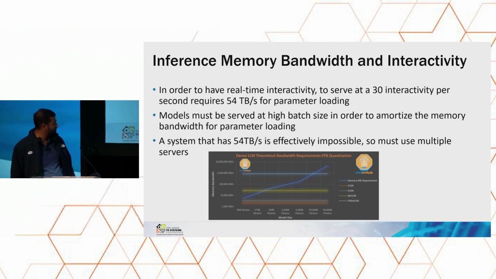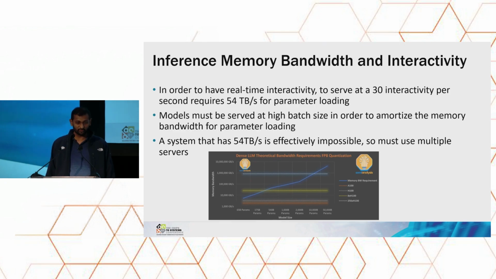For a model so large. And this is at about 50% utilization for the memory bandwidth. It's kind of tough to get really high utilization. People get like 70, 80, but it's effectively impossible. So you have to use multiple servers, not just one chip, but multiple servers. So three to four H100 servers, 8 GPUs each. Each of those costing like $300,000, right? This is very expensive stuff.